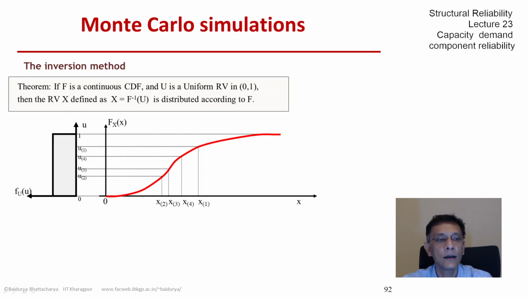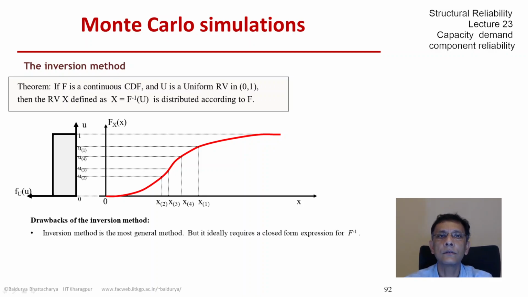Suppose u1 is the first uniform deviate that the computer gave us. We take that, come to the red line, which is the CDF of x, invert that at that value, and we get x1. So that's how we invert u1 to x1. The next one could be u2, and that gives us x2. Likewise, u3 gives us x3, and so on.